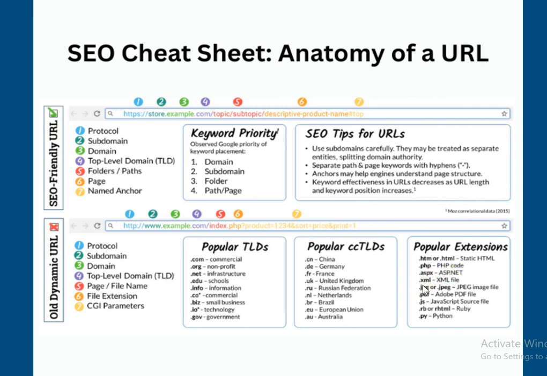If the web page is .xml, this is an XML file. .jpeg files are images, .pdf is a PDF file, and if the URL has .js, that is a JavaScript file, and .py is for Python. These are the basic things you should understand and remember in terms of URL.